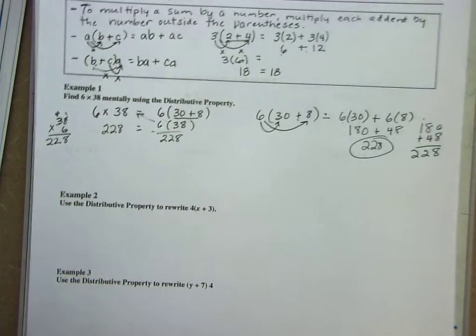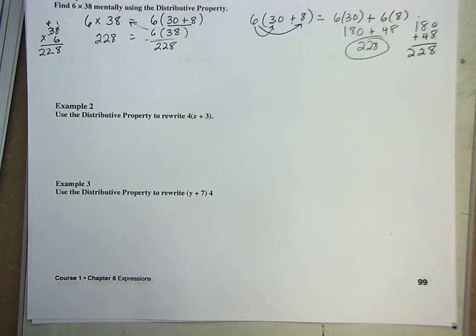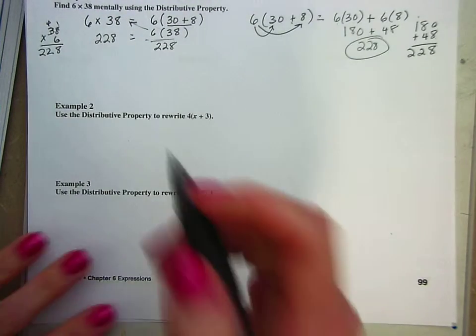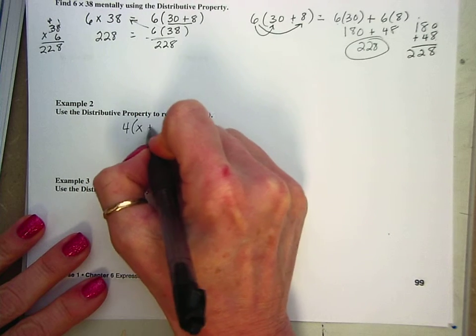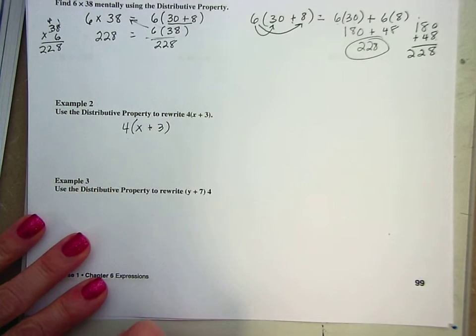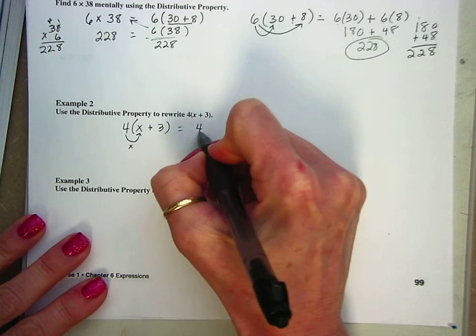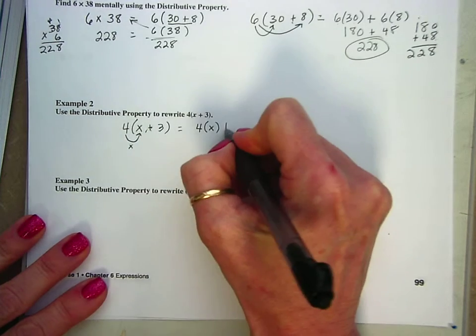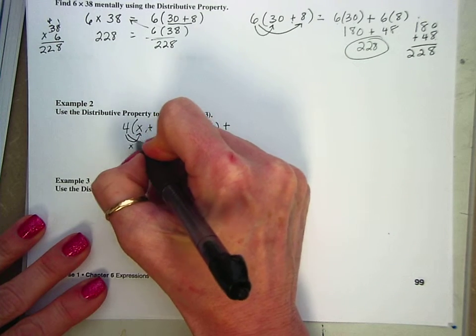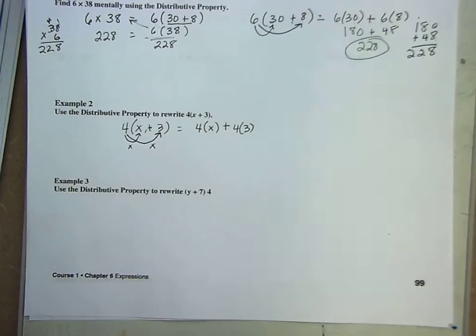Okay? Looking at example number 2. Use the distributive property to rewrite 4 times x plus 3. So remember that we're going to go 4 times x plus, outside inside, 4 times 3.